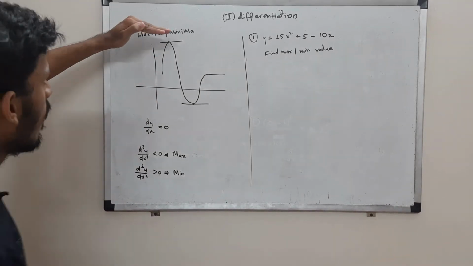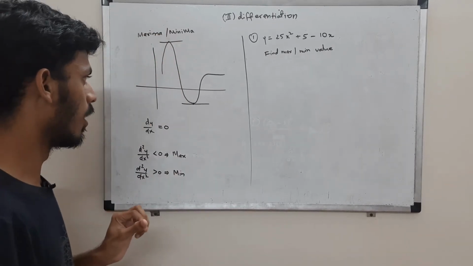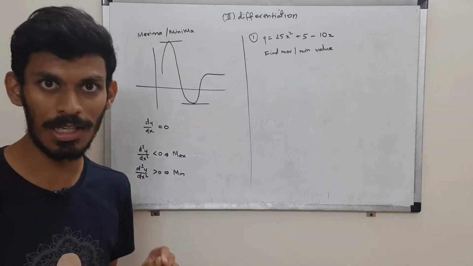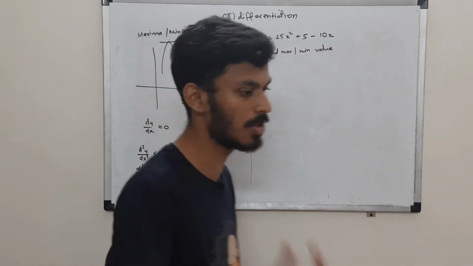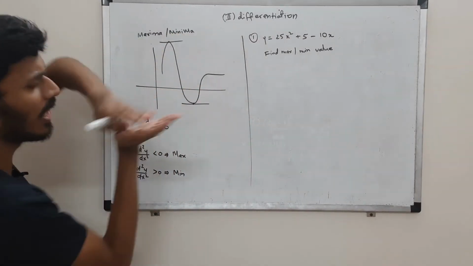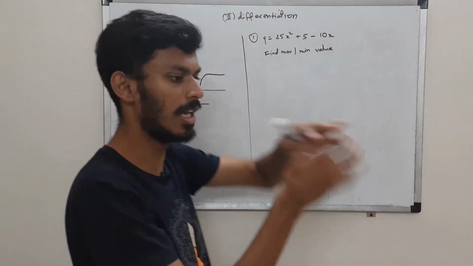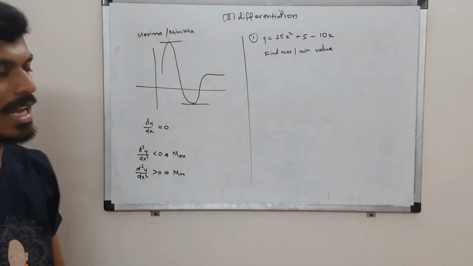As you can see, when the function reaches its maxima and minima, basically the slope is 0, right? Because the line is flat. Slope is also given as tan theta. If the line is parallel to the x-axis, then tan of 0 is 0. So the slope of this line and this line is 0.